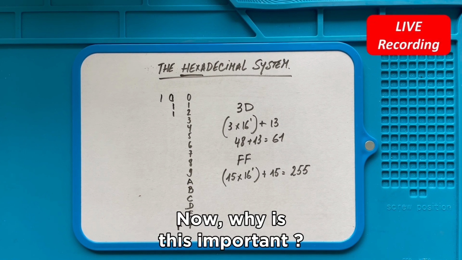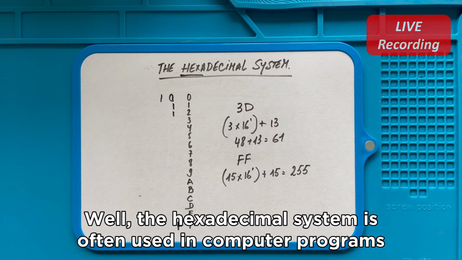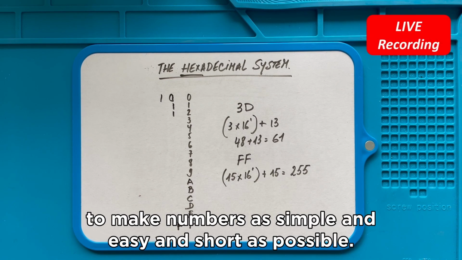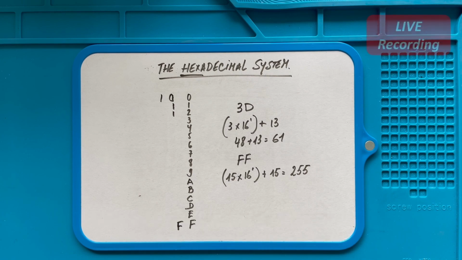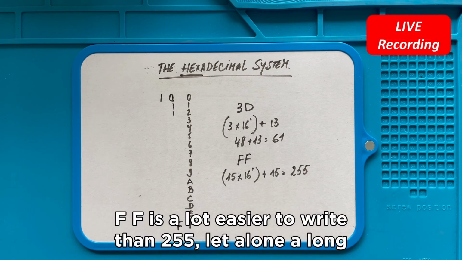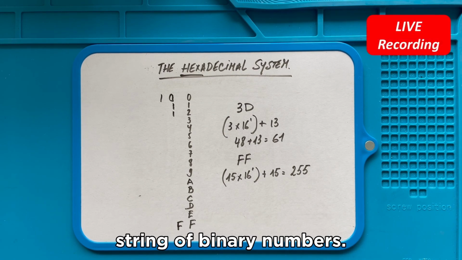Now, why is this important? Well, the hexadecimal system is often used in computer programs to make numbers as simple and easy and short as possible. FF is a lot easier to write than 255, let alone a long string of binary numbers.